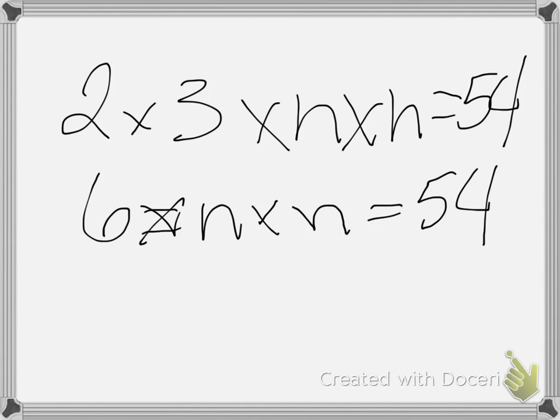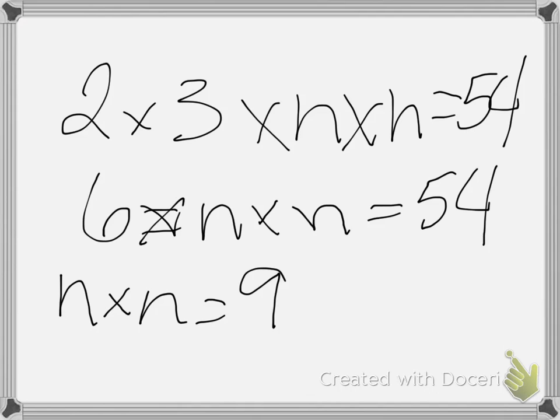So if we do 54 divided by 6, we get 9. So now we have n times n equals 9. I could do 1 and 9, but I bet if I did 2 times 3 times 9 times 1, you don't get 54.